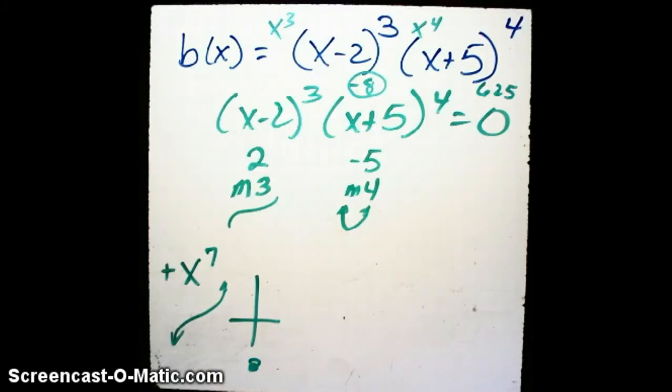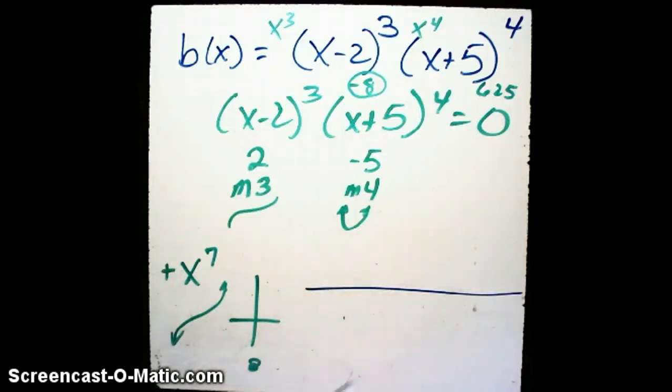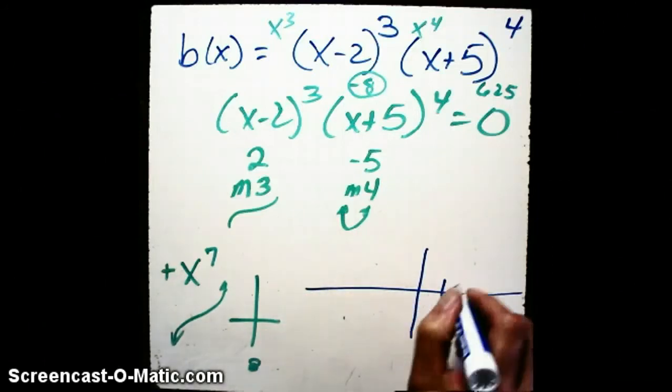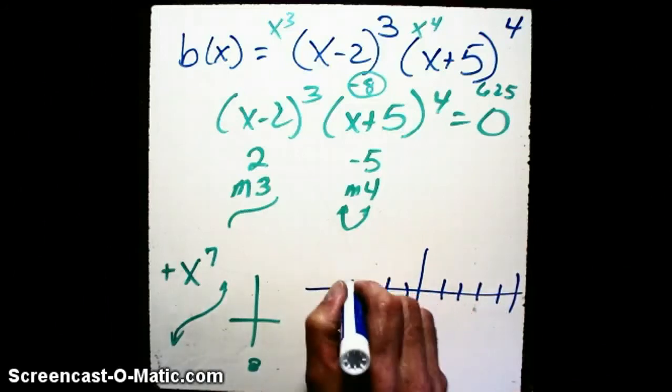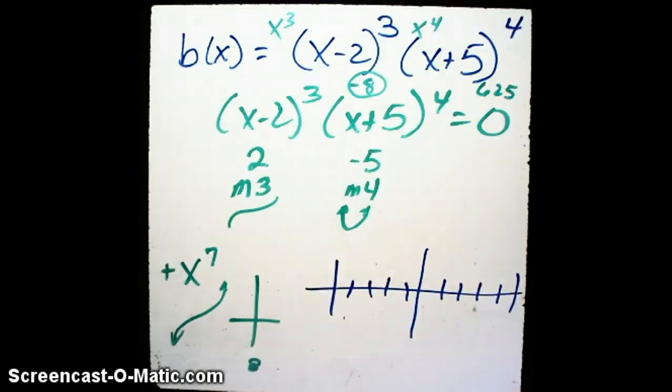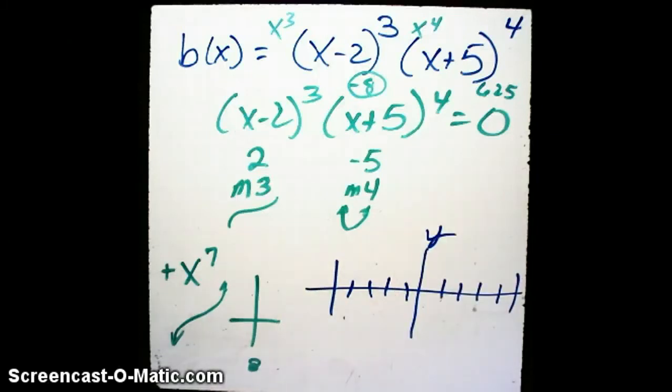So now, the next question is, could we, if we wanted to, try to graph the function? Good question. All right, 1, 2, 3, 4, 5. 1, 2, 3, 4, 5. Now, I'm going to leave off the tick marks for the y. I have the x pretty much taken care of.